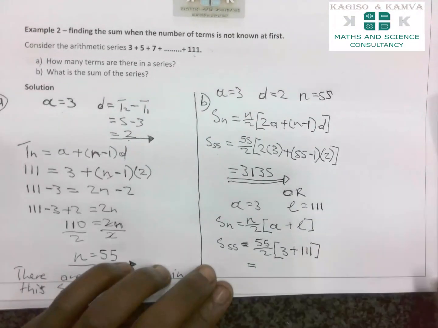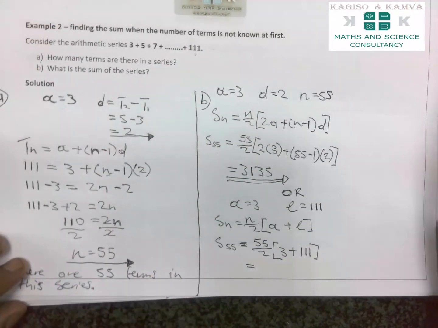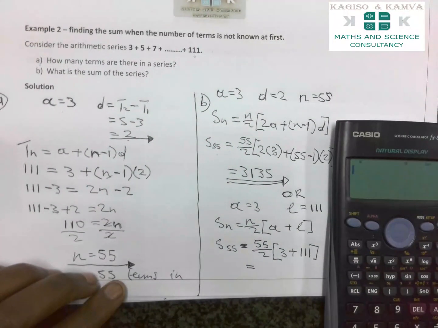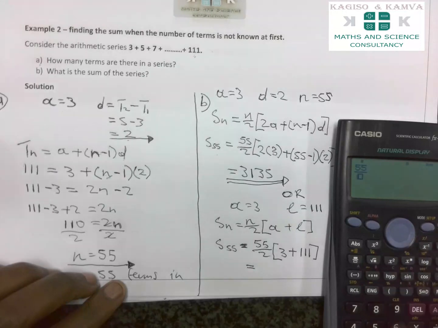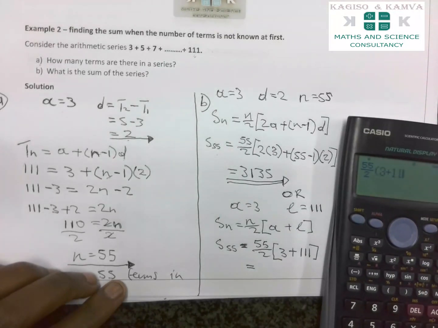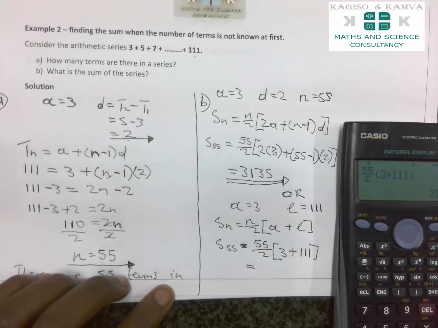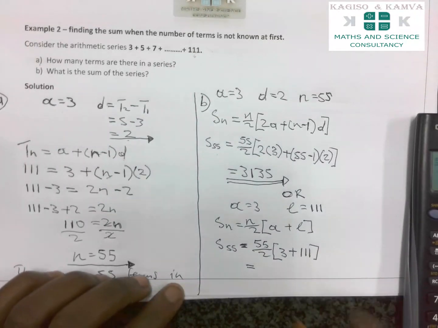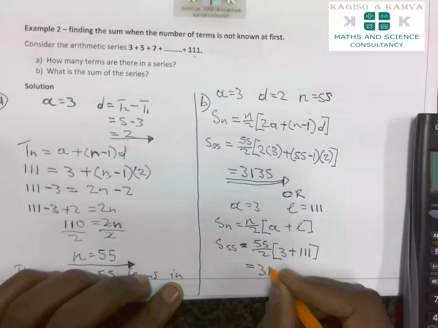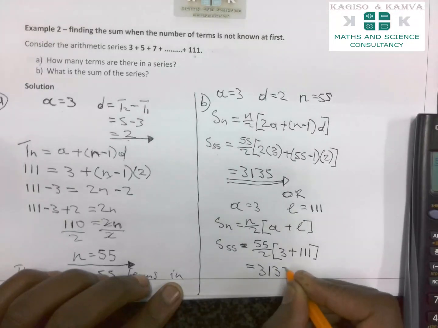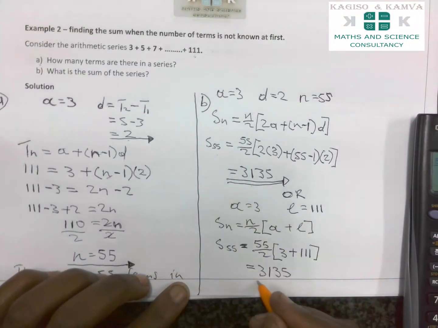Then we punch all these in our calculator: 55 divided by 2 times (3 plus 111), and we also get 3,135, which is the same as that.